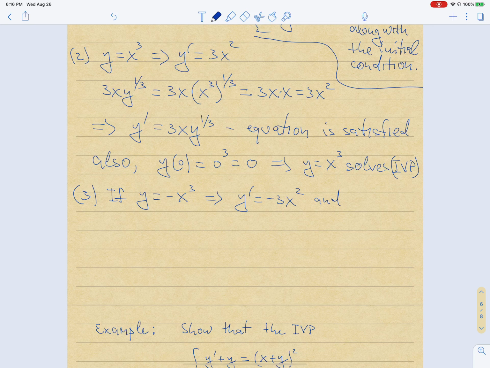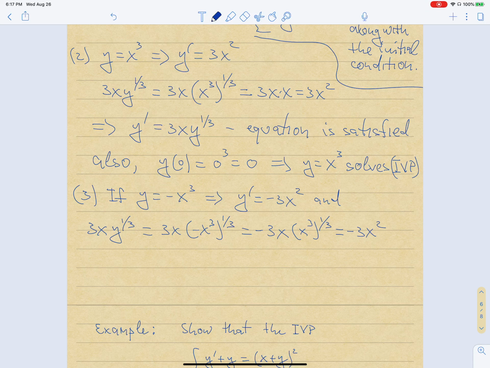And 3x times y to the 1/3 is going to be 3x times minus x cubed to the 1/3, which is minus 3x. I can pull the minus sign outside of the cube root, so it's minus 3x times x cubed to the 1/3, and that is minus 3x squared.